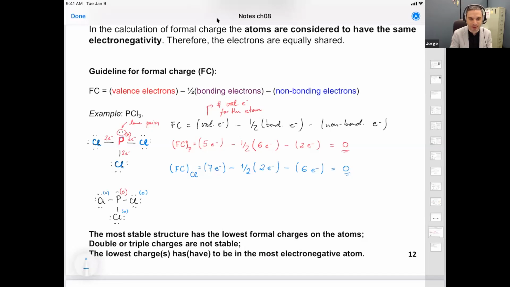A formal charge of 0 means that the electrons are being perfectly shared in the structure. Therefore, the sum of formal charges for the compound PCl3 is 0. That means this compound is stable.